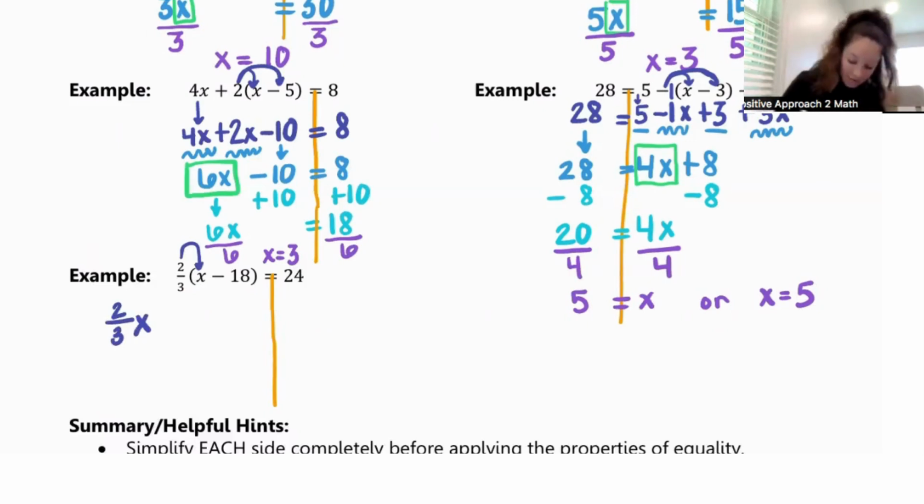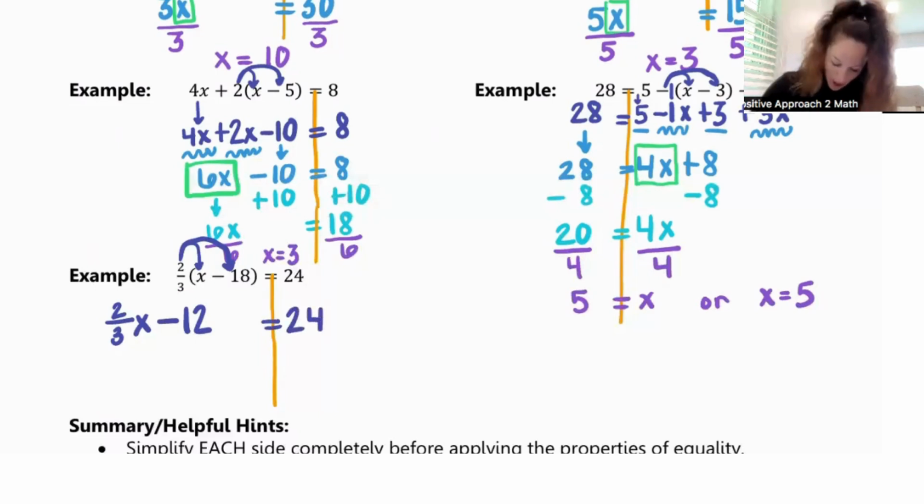And then we're going to have 2/3 times -18, which if you type that in your calculator and do 2/3 times -18, it should leave you with a -12. So you can put -12. If you did it in your head, you should get -36 divided by 3, which will give you -12. And that's going to equal 24.